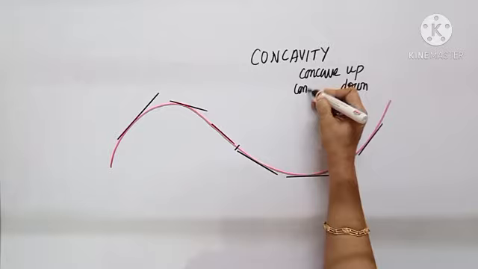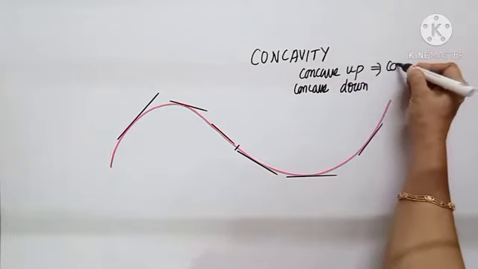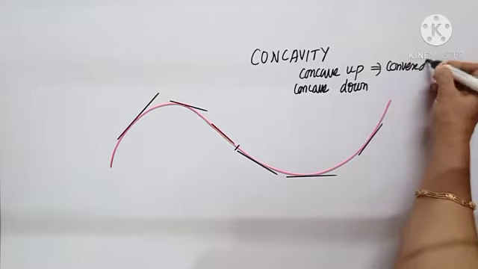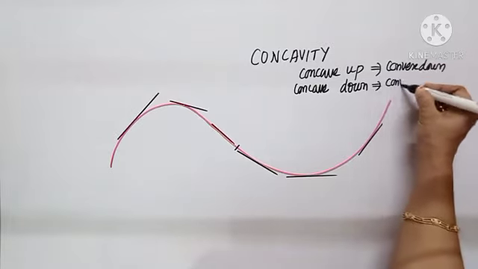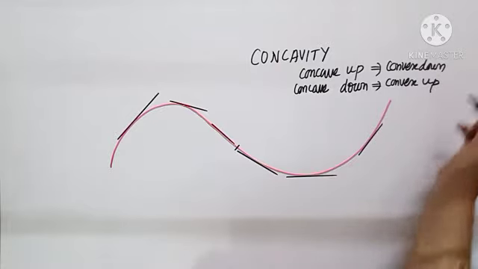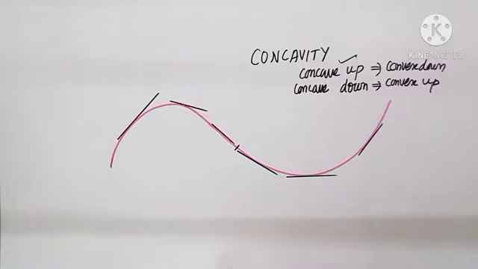Alternatively, whenever the curve is concave up, we will otherwise say convex down. Similarly, concave down tells us convex up. So let us stick to one particular word to avoid confusion.